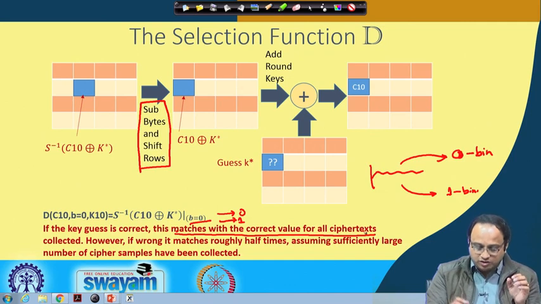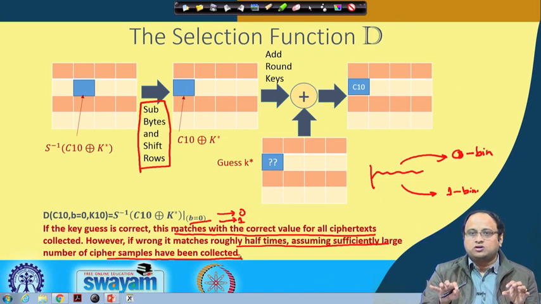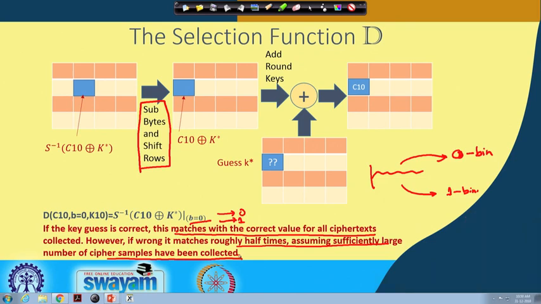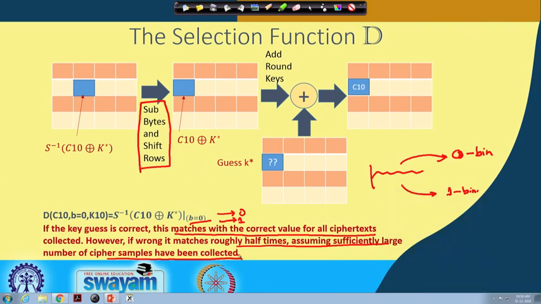However, if it was wrong, it will match roughly half the times, assuming a sufficiently large number of ciphertext samples have been collected. So when your guess is wrong, the splitting of the power traces is done in a random fashion, and you would expect the average in both the bins to be roughly the same, and therefore the difference of means will be close to 0.